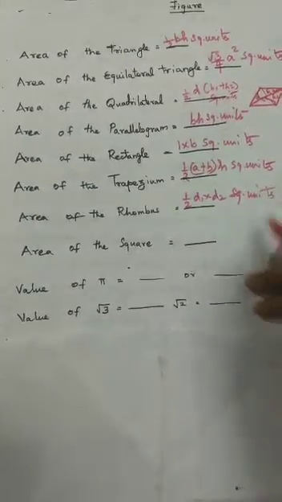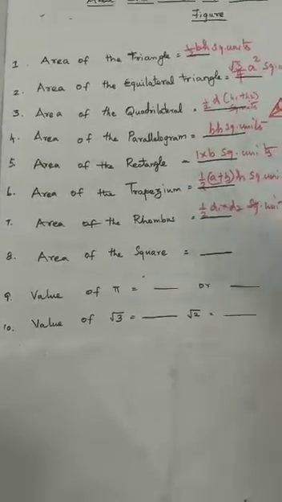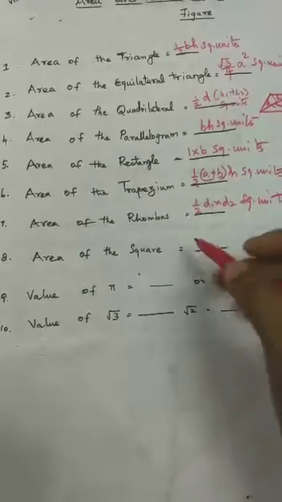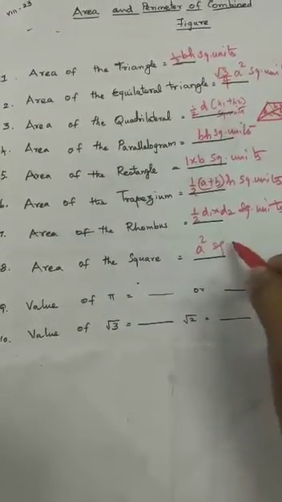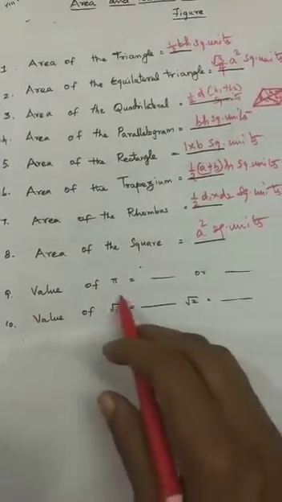If they give the base and height, it is the same BH square units for rhombus. Then area of a square is A square units.